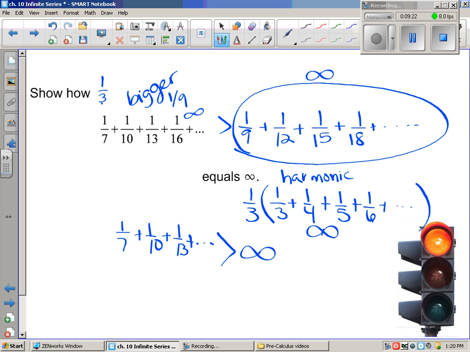Does that make sense? Once again, you'll notice that this was missing 1/2, right? And if we're missing 1/2, what is infinity minus 1/2? It's still infinity, right? So that's not going to affect it at all. Again, this just goes to show you that when we see that addition that's going on between the fractions, it's just evidence of the harmonic series.